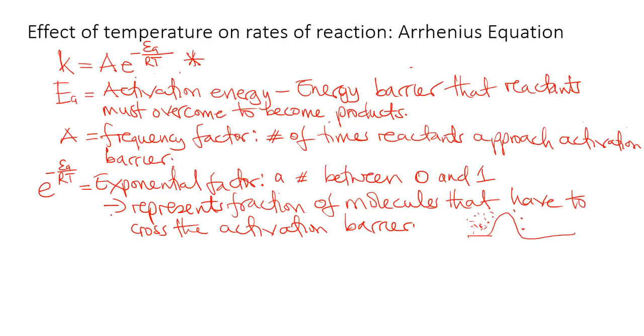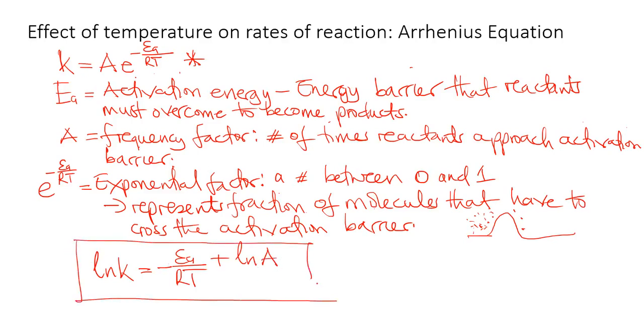If you make this equation a natural log, it becomes natural log k is equal to minus activation energy over RT plus natural log A. So this one is the Arrhenius equation.